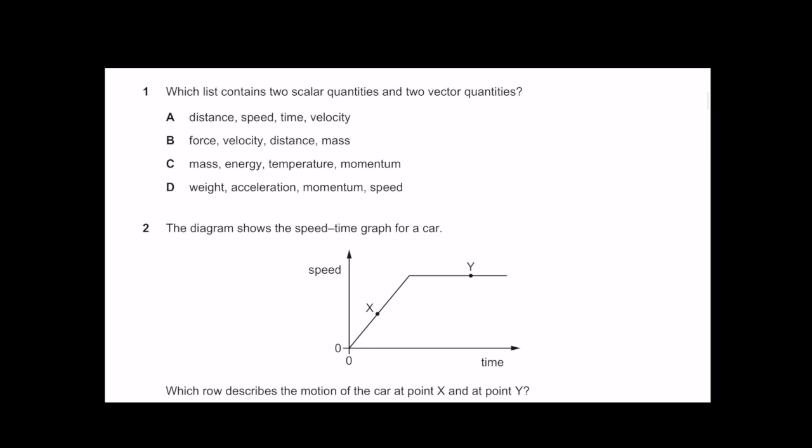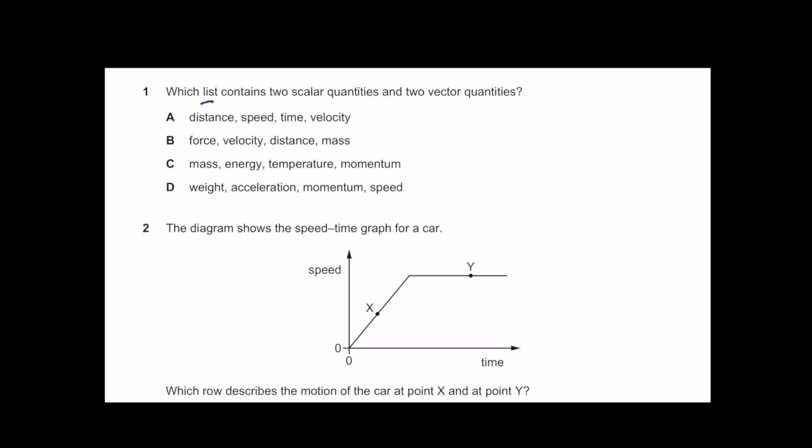In question 1, which list contains 2 scalar quantities and 2 vector quantities? Let's discuss that. Distance, speed, time, velocity. So I'm gonna start at a slow rate, then I'm gonna increase my rate when I go over the questions. Like distance here, when it comes to scalar and vector, distance is not displacement.